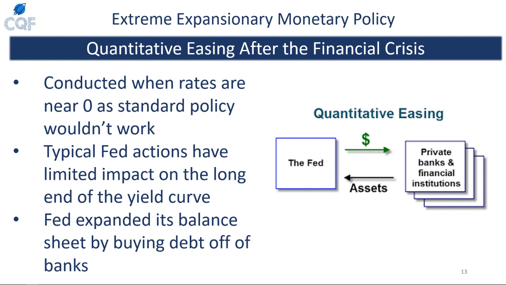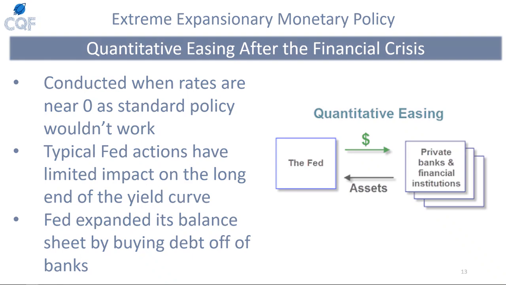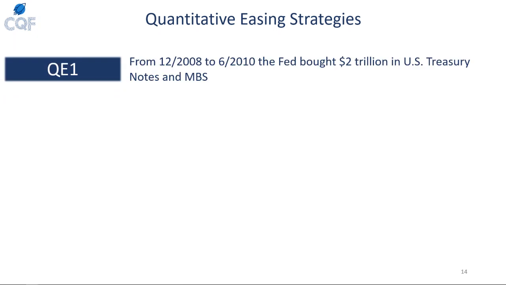And then in QE, the Fed expanded its balance sheet by buying the debt off banks. You can see a little graphic on the right. You can see dollars going to private banks and financial institutions, and assets going to the Fed. Very similar to open market operations. So let's talk about the QE strategies utilized by the Fed since the financial crisis.